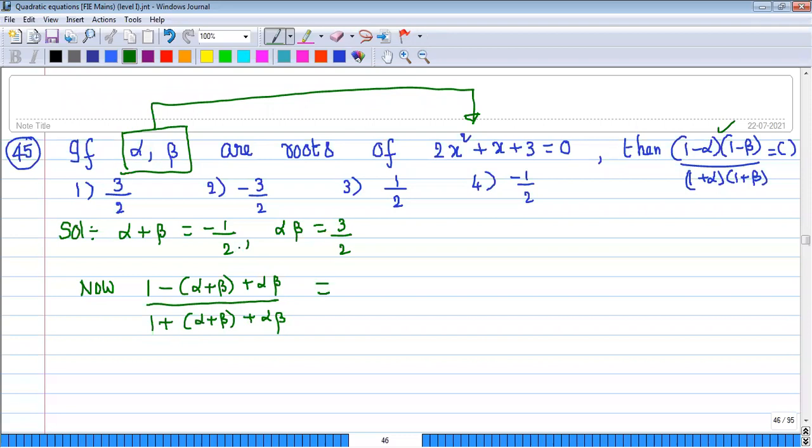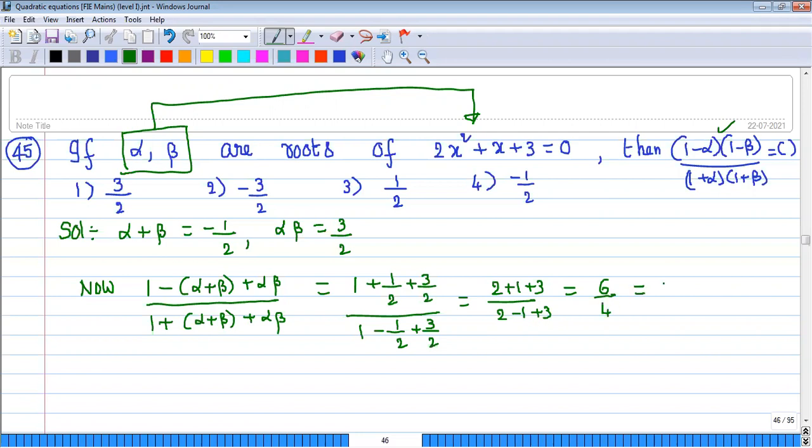Let us substitute: 1 plus 1 by 2 plus 3 by 2 upon 1 minus 1 by 2 plus 3 by 2. Now the LCM 2 will get cancelled. This is 2 plus 1 plus 3 upon 2 minus 1 plus 3. This will be 6 upon 4, and the simplest form is 3 by 2. So the first option is the right option.